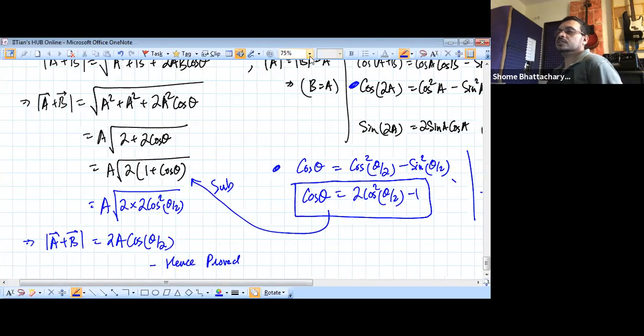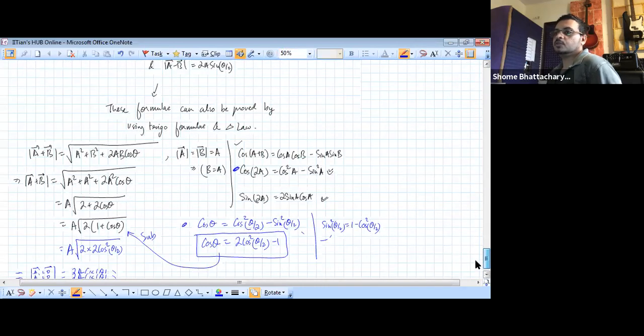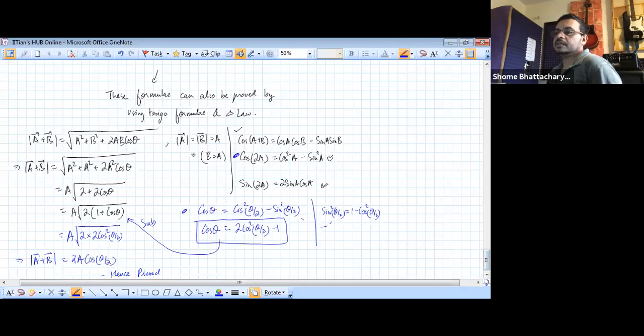When we apply the condition that mod A is equal to mod B, that is A and B are of equal magnitudes, then the triangle law formula, root of A square plus B square plus 2AB cos theta, itself reduces to 2A cos theta by 2. But for that you have to use these trigonometric identities. Likewise, you can do the proof of the second formula also, that mod of A minus B will become 2A sin theta by 2, by a very similar method. So you can write this down and try that out yourself.